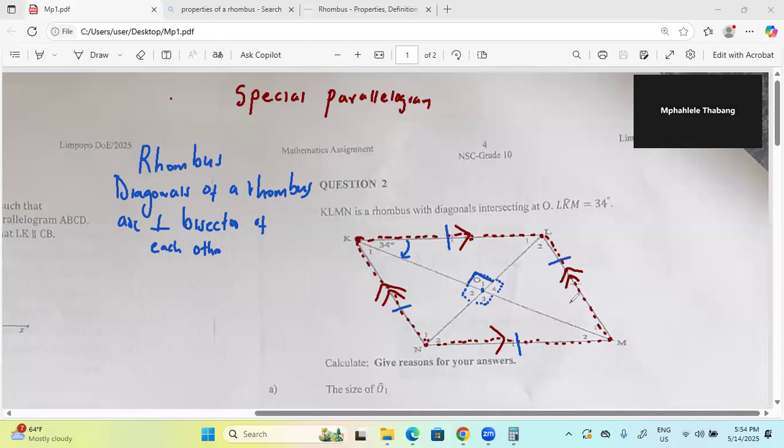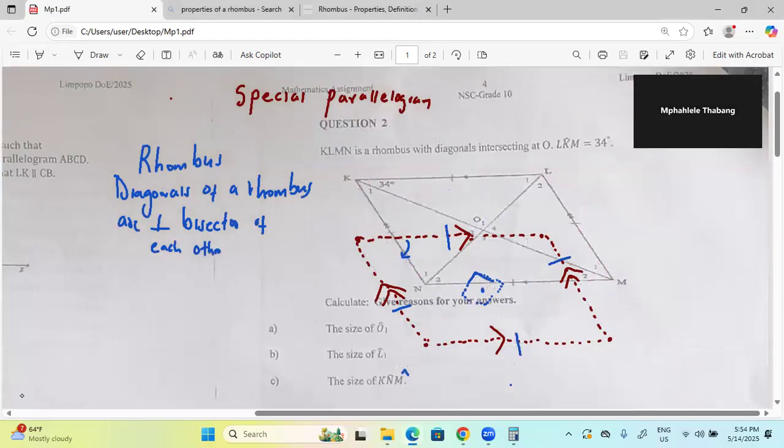So O1 is 90 degrees. You say O1 equals 90, and you give a reason: diagonals are perpendicular bisectors of each other. Okay?